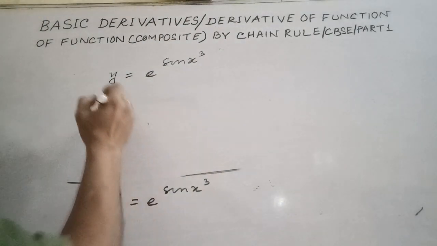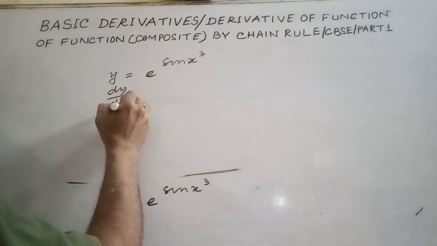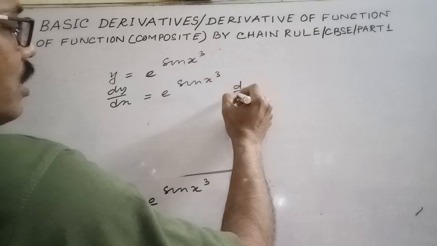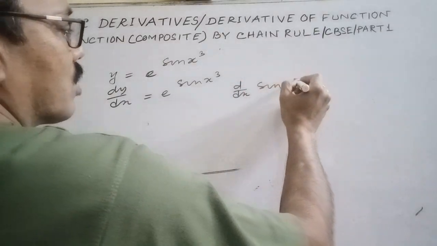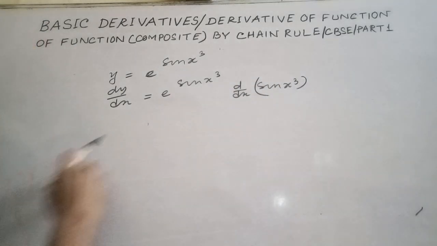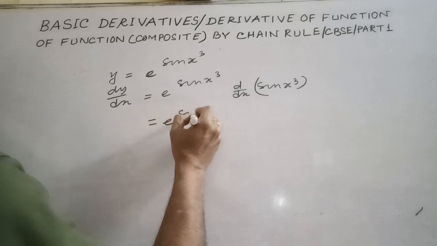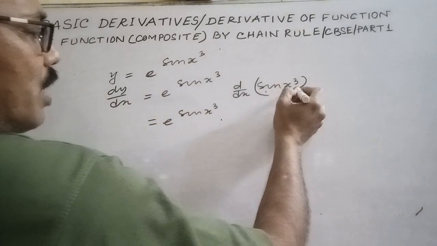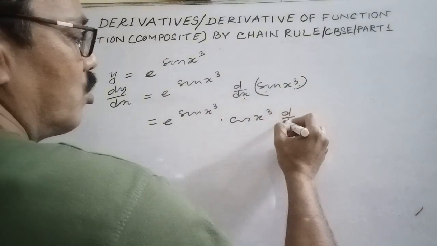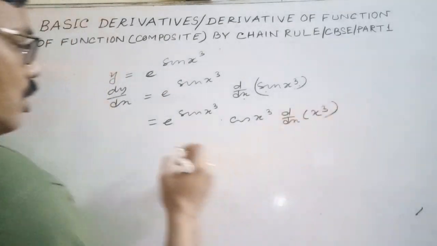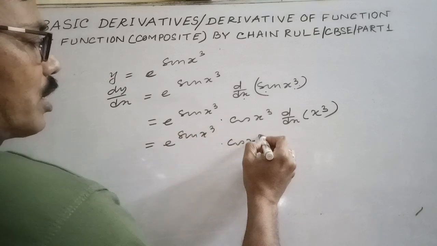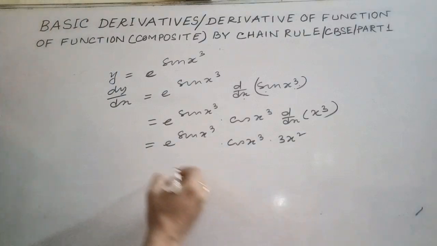The derivative of the exponential function is the exponential function, e to the power sin x^3. Then d/dx of the argument, sin x^3. This one is the argument. Now e to the power sin x^3 into the derivative of sin x^3, which with respect to x is cos x^3 into d/dx of x^3. So e to the power sin x^3 into cos x^3 into 3x^2.